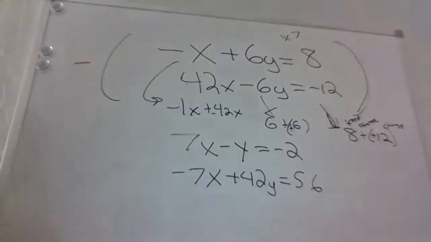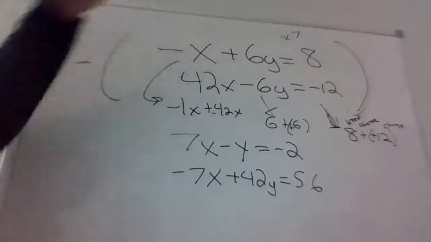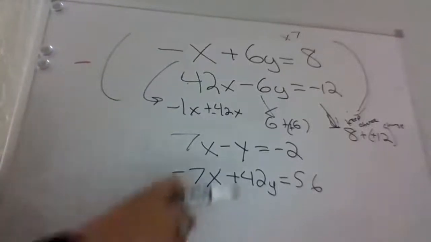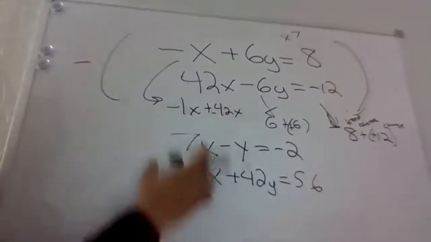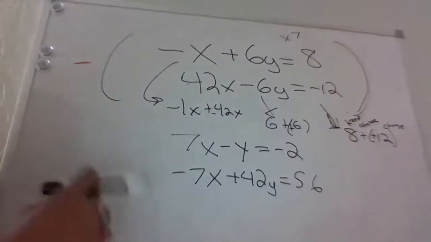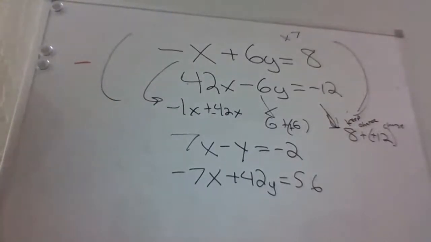So I got here. Remember how I got my 6 and my 7 when I added them together and then subtracted them together? I did that so I could, again, eliminate one of these. Now I'm in a position where I have eliminated one of them. So I can actually now get the y by itself.